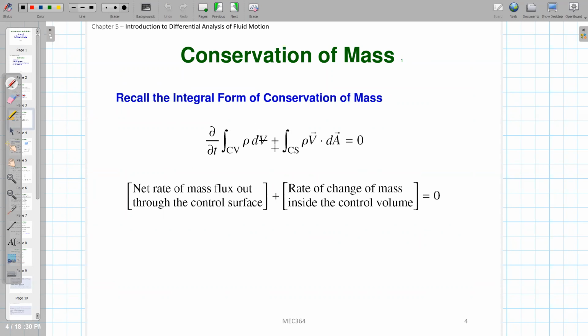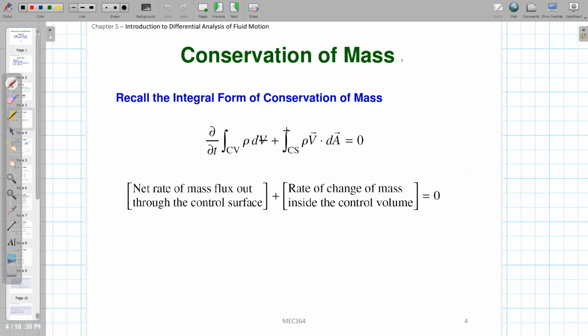What's the disadvantage? For the integral form, we try to solve things in a large control volume, then we integrate the things inside the control volume or across the control surface. Mathematically, integration is something like a summation.